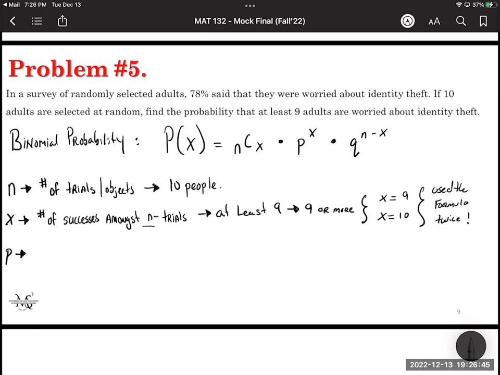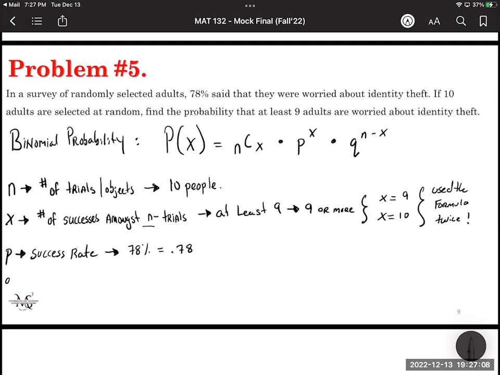The big P is the probability, yes, but the little p is the success rate of any given trial. So what is your success rate in this problem? 0.78. It was 78%, which is 0.78.